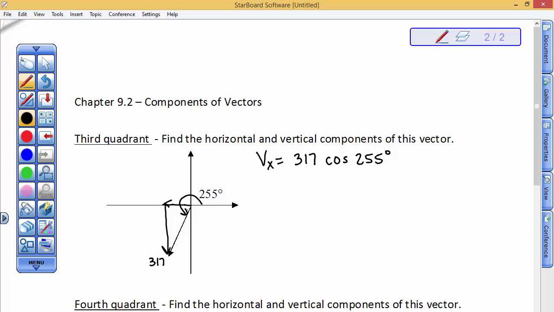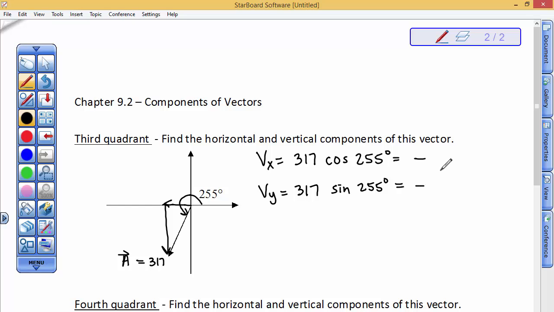It will give you a negative number. And 317 times the sine of 255 degrees will give you a negative number as well. And those two numbers are, for x, a negative 82, and for y, a negative 306.2.